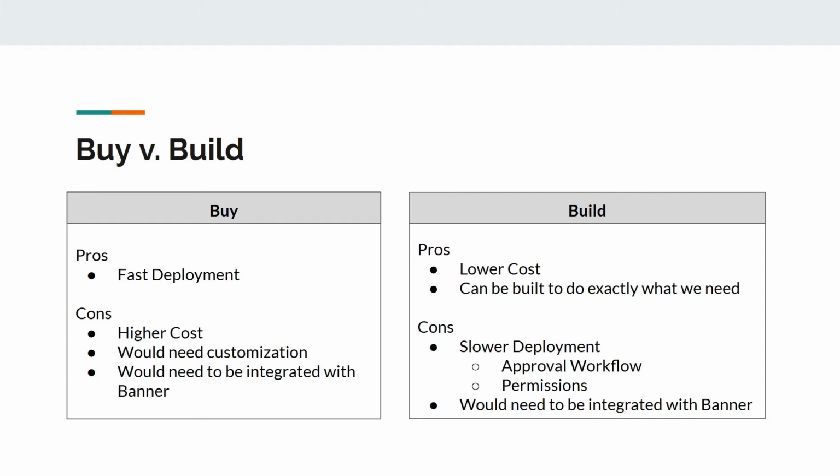You've got your purchase cost, your implementation cost, your ongoing maintenance cost. Any customization that would have to be done would probably be an additional cost, and then you've got your Banner integration to think about. To build something, we'd have a lower cost, but it would be a slower deployment. And in the end, you still have to integrate with Banner.